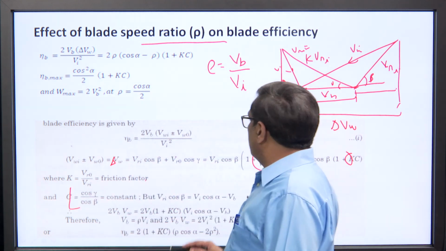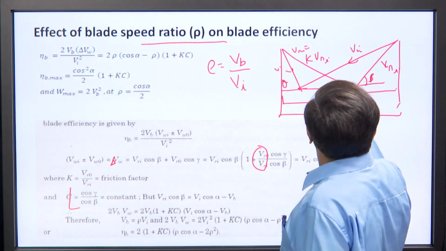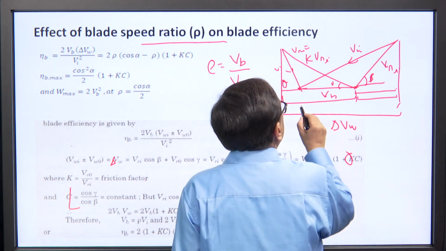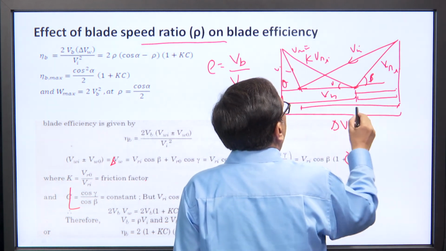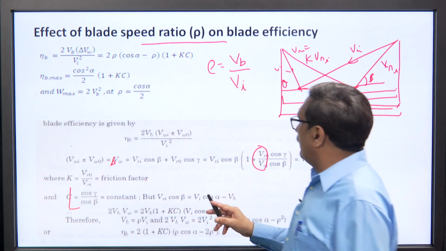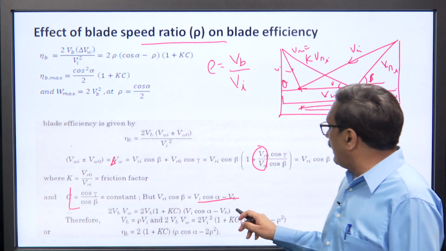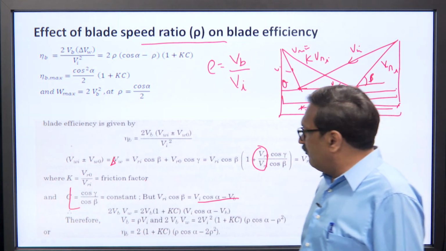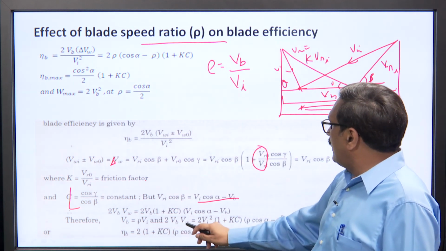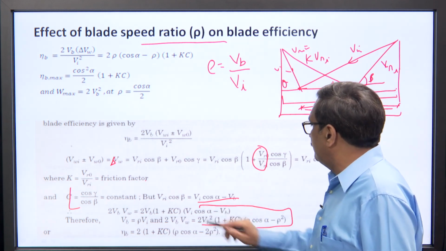So, we can reduce the burden in this equation, and this V_rI cos beta can further be written as V_I cos alpha minus V_b. So, this is going to be represented here as V_I cos alpha minus V_b. So, twice V_b V_w we can write down here in this manner, and V_b is nothing but rho times V_I, put it here, twice V_b V_w, it is going to be this one.